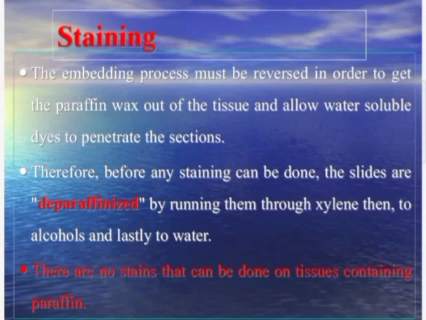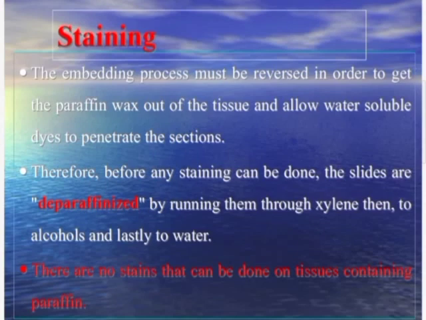After removal from this jar, we will rinse the slide under tap water, and then put this slide in a jar containing acid alcohol, so that the extra blue color, that is the hematoxylin, is removed from the slide.